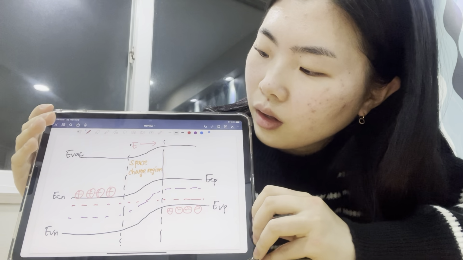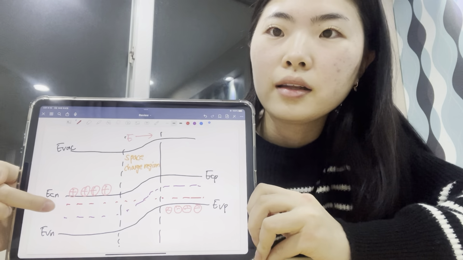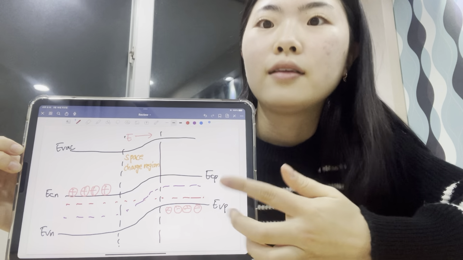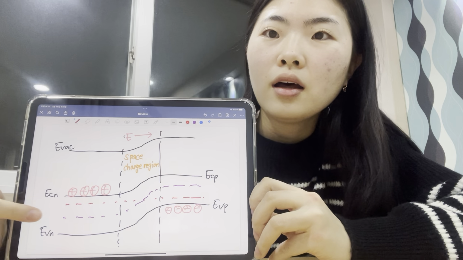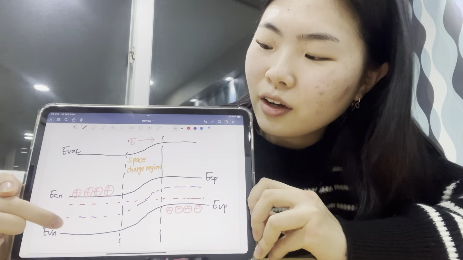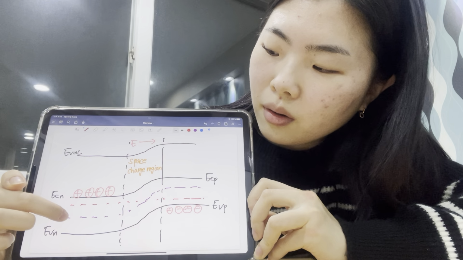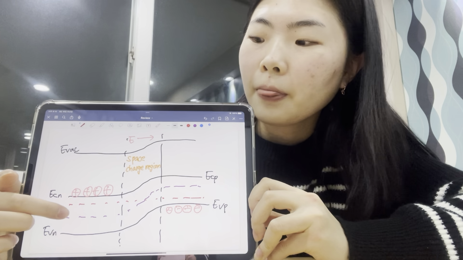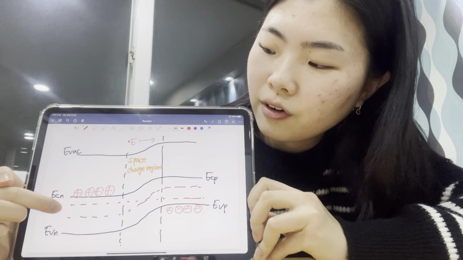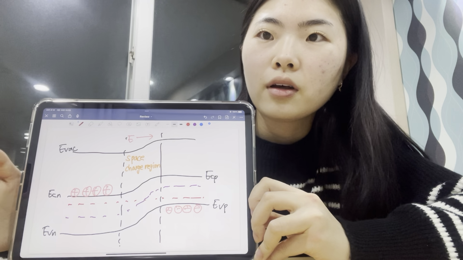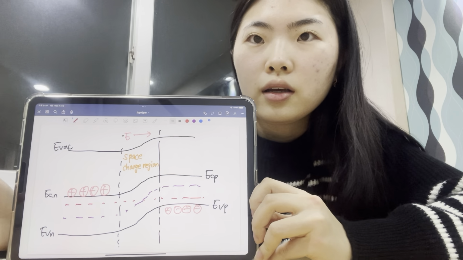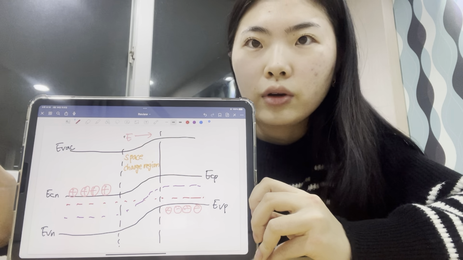Actually, this purple line is the intrinsic Fermi level of this PN junction. However, this red line is the Fermi level when this PN junction is in thermal equilibrium.